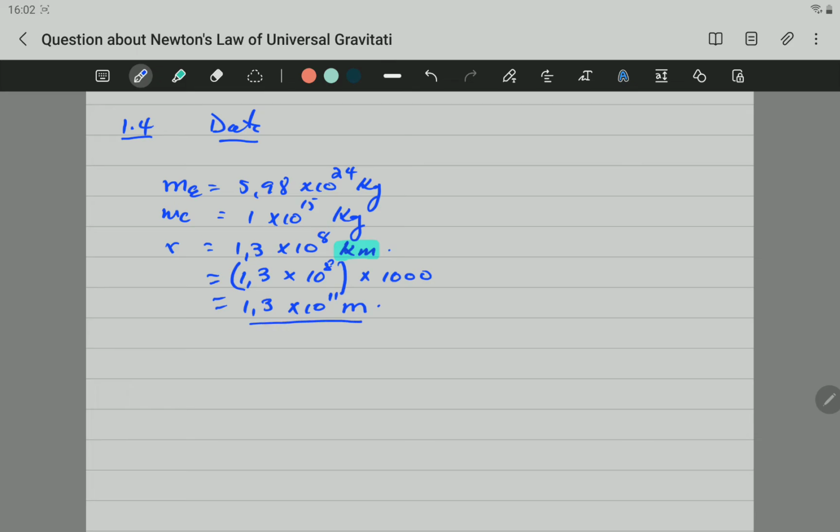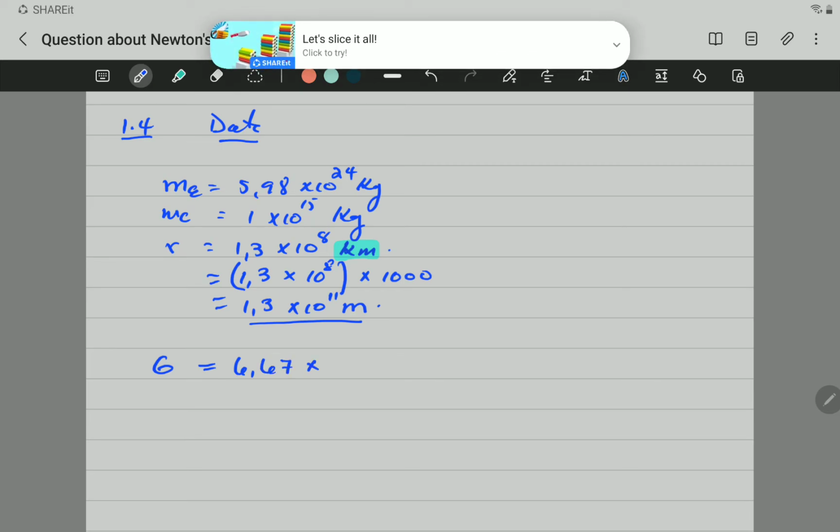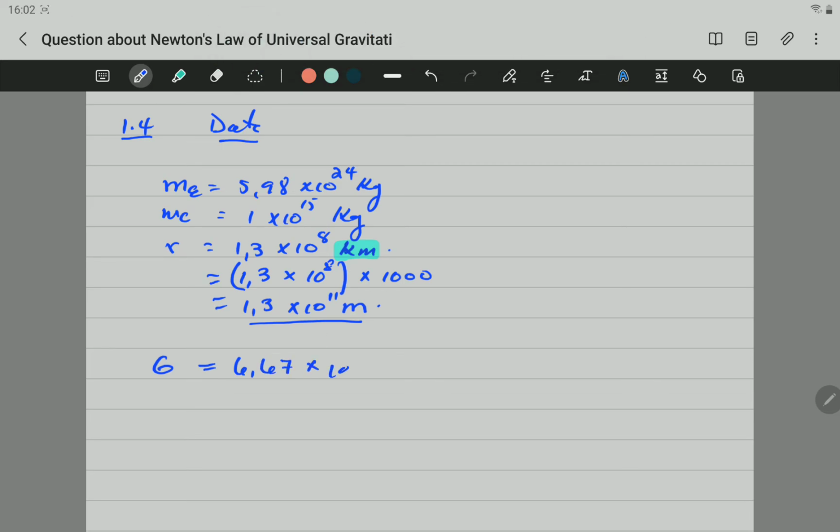This is the distance we are going to use. The other data is a capital G, which is a constant and will be given to you. It is 6,67 times 10 to the minus 11 Newton meters squared per kilogram squared.